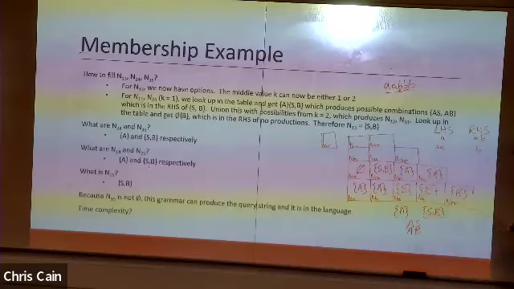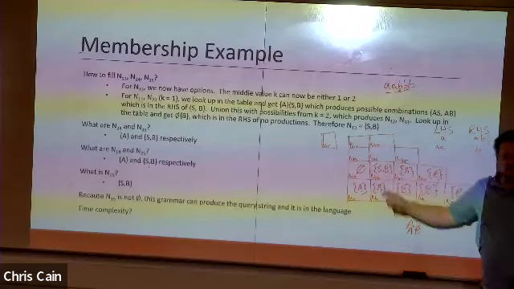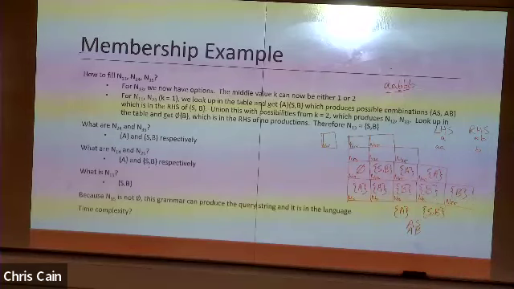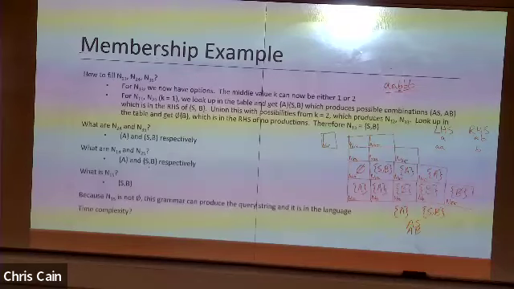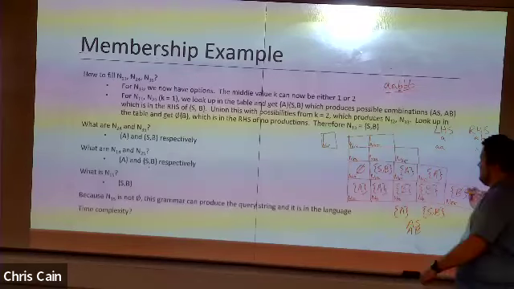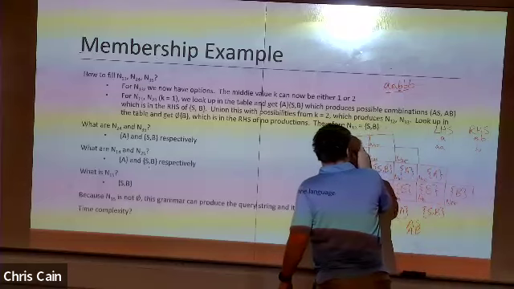Either one of these will be able to produce N13 if we can find them on the right-hand side of a production. Any place where we see AS or AB? S and B have AB. Yes, productions S and B both have AB. So this tells us what lives inside of N13. It's the set S and B.